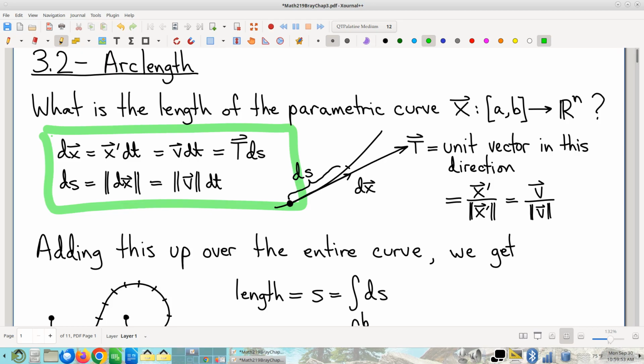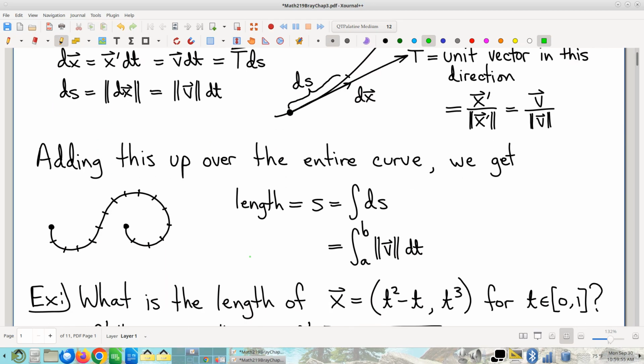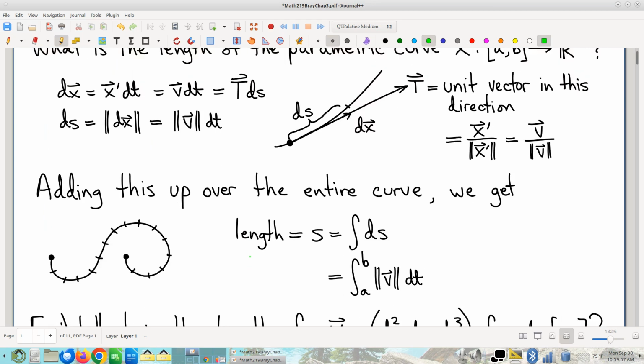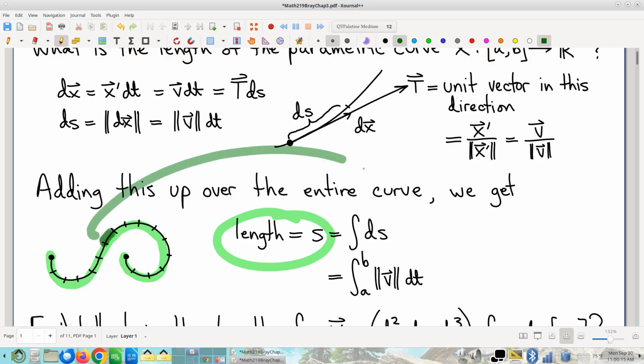Okay, so the little bit here, let's talk about how to compute the length of the entire parametric curve. How do I compute that total length? Well, quick argument, I'm going to be looking at a bunch of little pieces of curve, and I want to add that up over the entire curve.